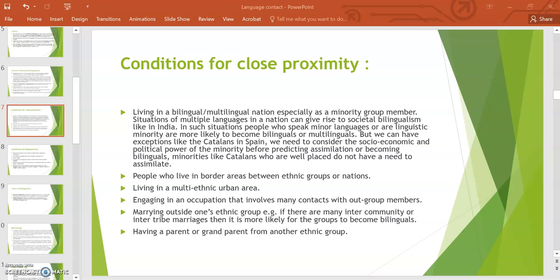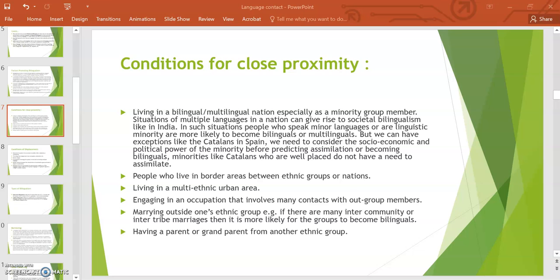So it encourages learning a new language. And children will acquire a new language because they are mingling with others outside their homes. They'll be interacting and socializing with others in the language that is commonly used in the multi-ethnic urban area where they are living. And adults will also have to learn that language in order to live comfortably.